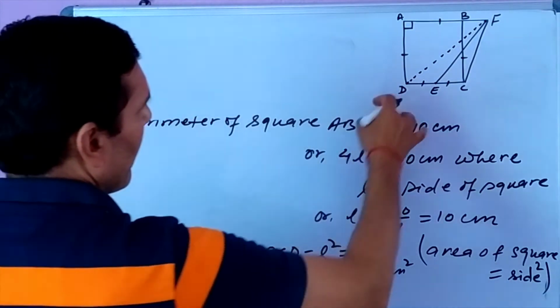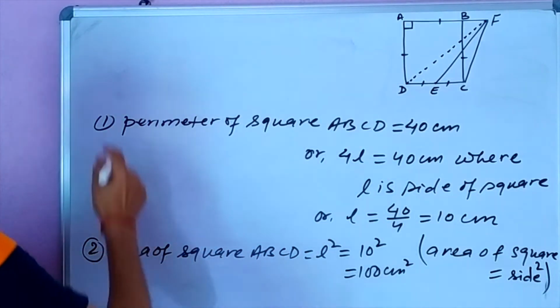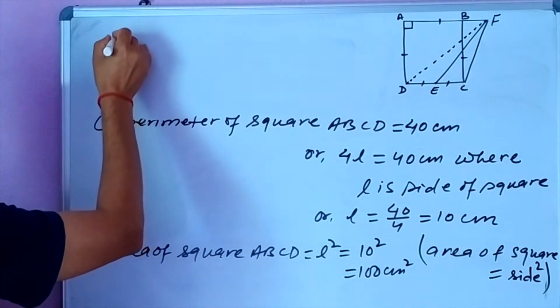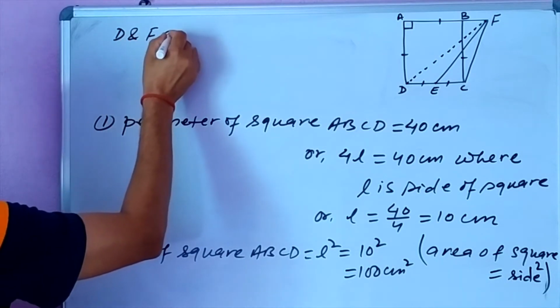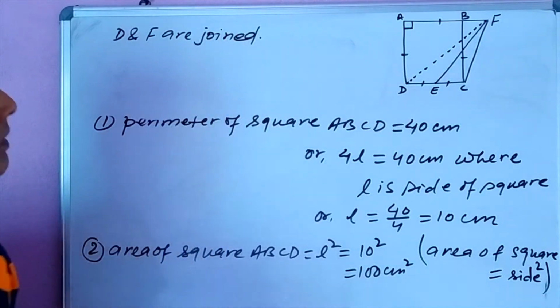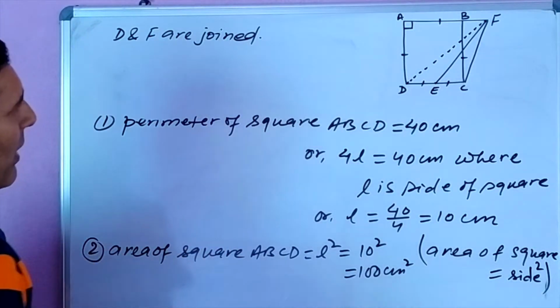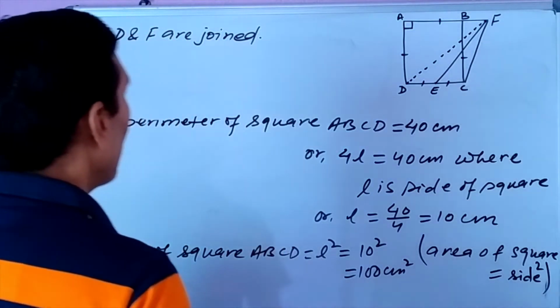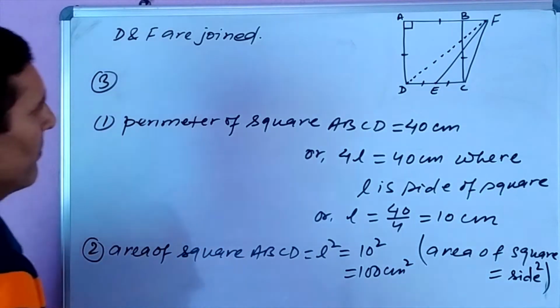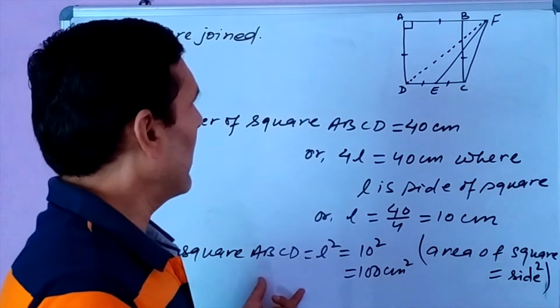At the beginning you can write D and F are joined, or you can write after this also D and F are joined. After joining D and F, now in number 3, what you will get now?